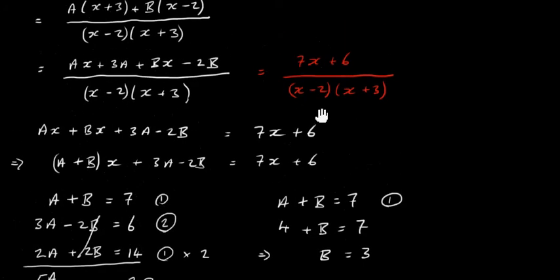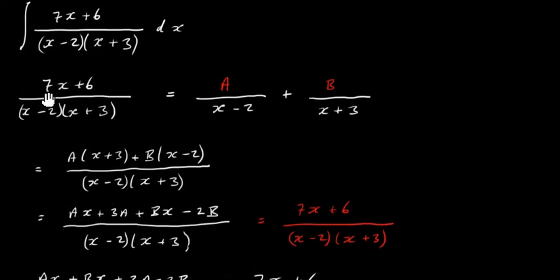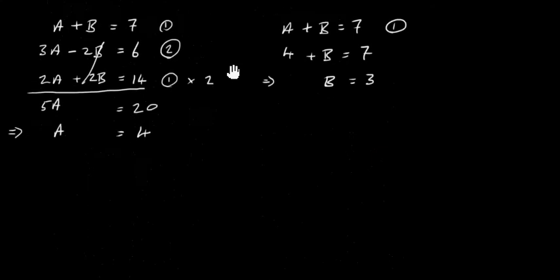So if I could just go back up here again, this is what I wanted. I wanted this fraction here to be split up into two different fractions. Now I just put in a variable here, a, which I didn't know, and a b here as well, which I didn't know. I've worked out that a is now 4 and b is 3. So let me just rewrite that.